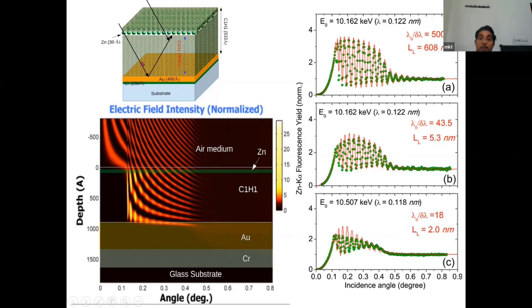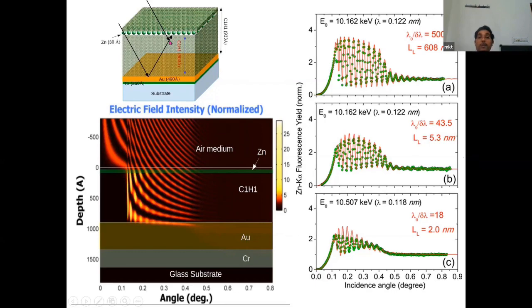Because, as I have already described, the beam is coming and reflected, and it is again interfering. So multiple reflection also takes place. For example, the incident beam is coming and reflecting, and again interfering with the incident wave. So this is the extra path it has taken.